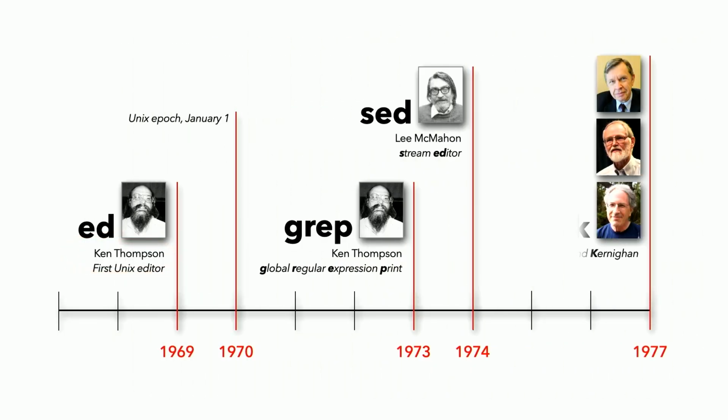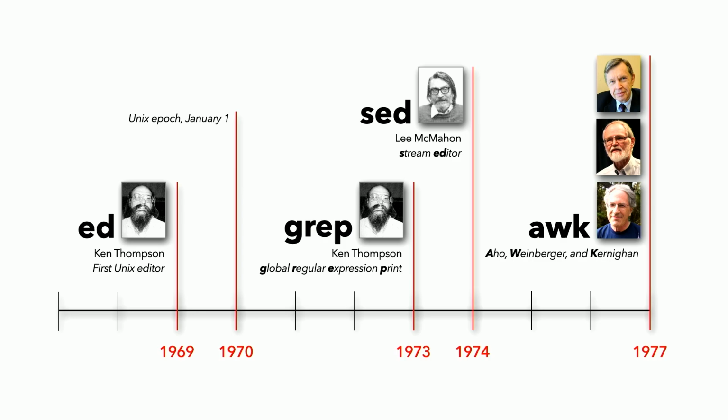And awk is the successor to both grep and sed. I consider it the ABBA of the Unix world because just like the pop supergroup of the 1970s, it's named after its creators, Alfred Aho, Peter Weinberger, and Brian Kernighan. Aho, Weinberger, Kernighan, awk. Mamma mia.